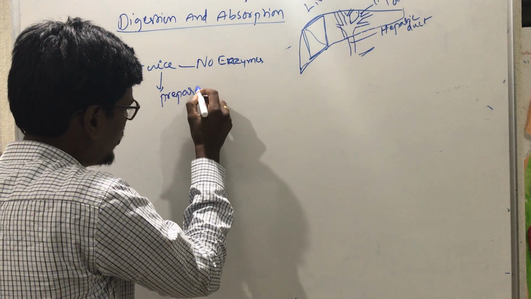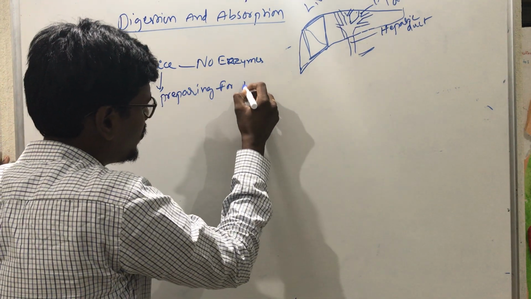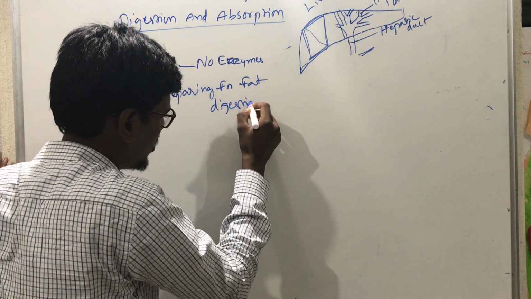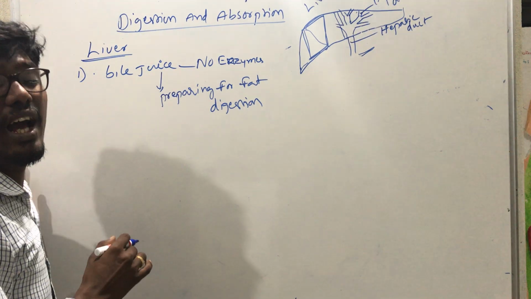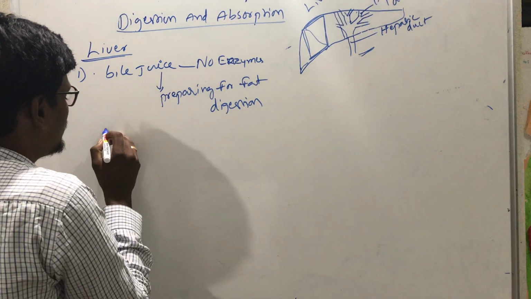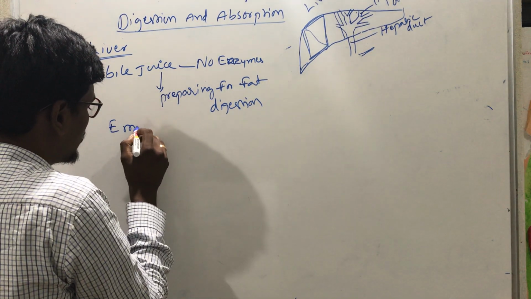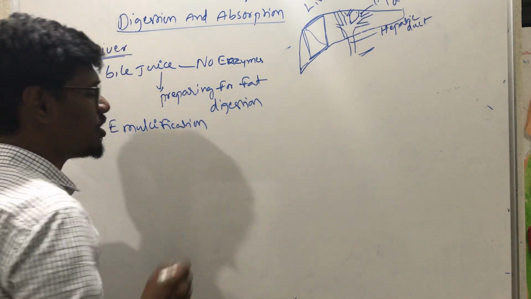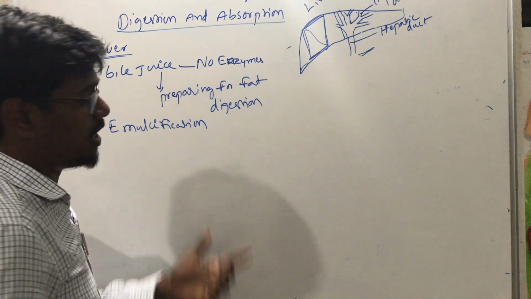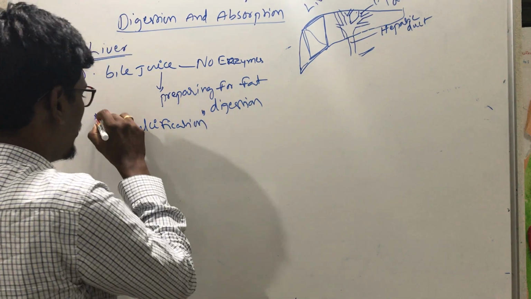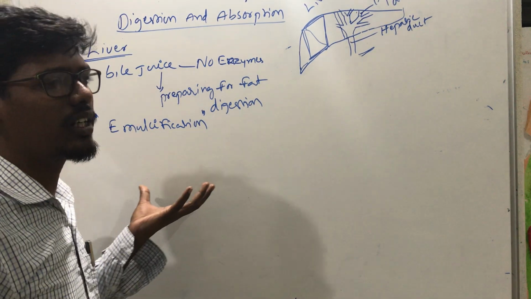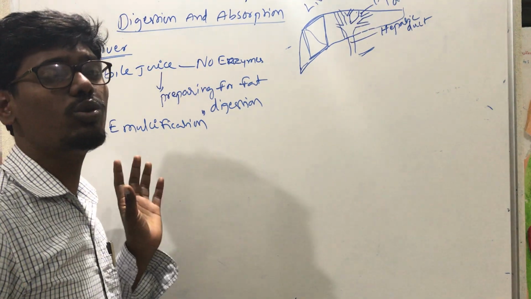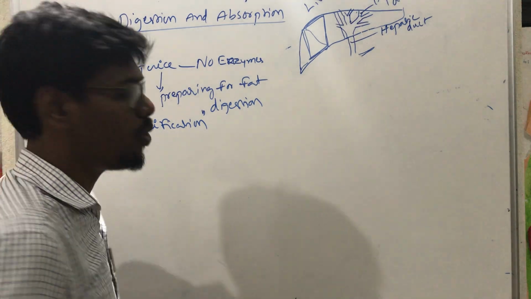The process is called emulsification. Emulsification means that fat is broken down into small molecules, coated by bile juice.